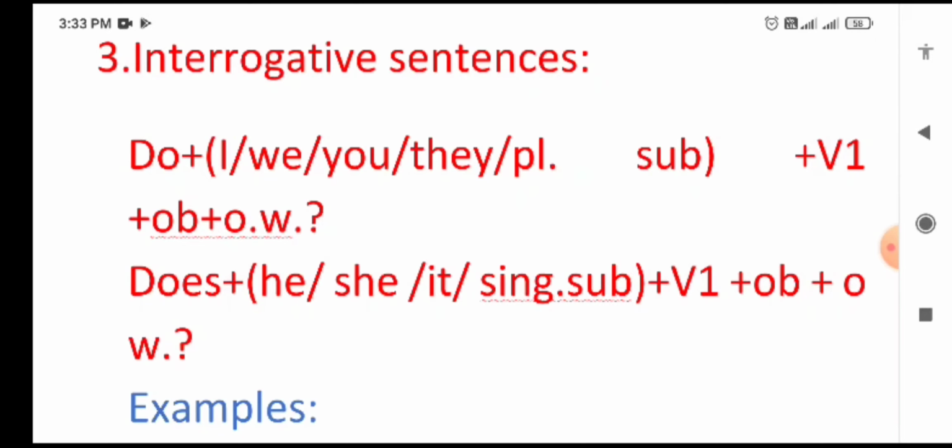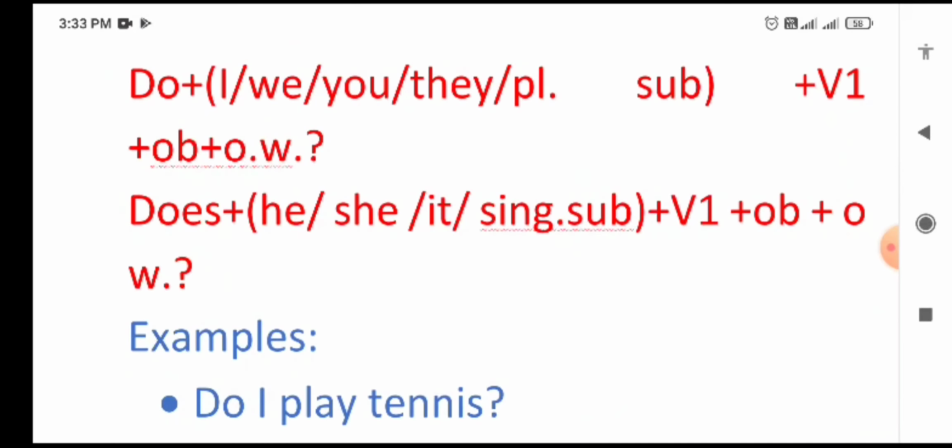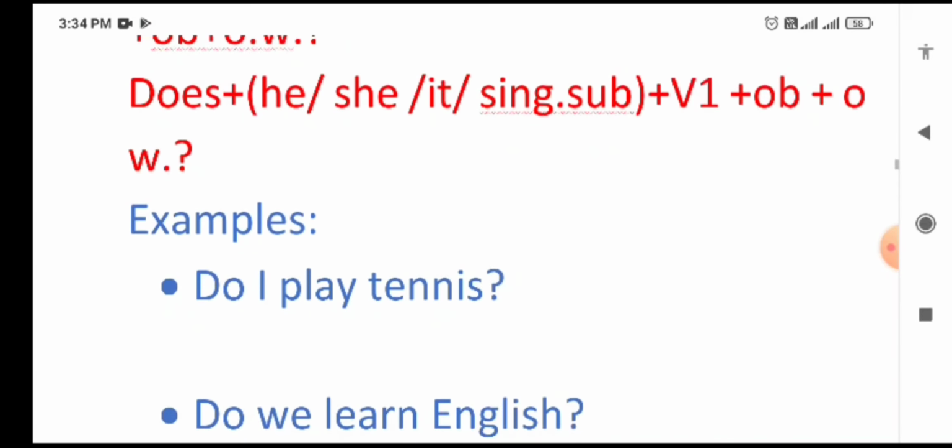Do plus I, we, you, they or plural subject plus first form of verb plus object plus other words. And if your subject is he, she, it or a singular subject, then you have to use does before the subject plus first form of verb plus object plus other words.